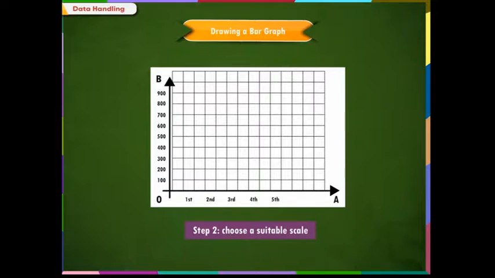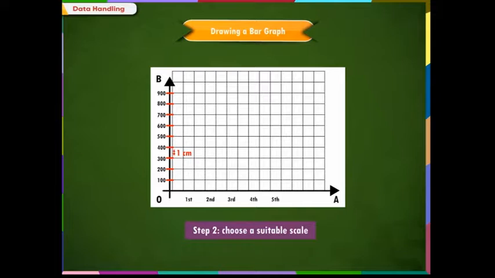We can mark the vertical axis with numbers like 100, 200, 300, 400, 500, 600, 700, 800 and 900. We can stop at 900 as we don't have number of mattresses beyond 900. So the scale we have chosen here is 1 centimeter equal to 100 mattresses along the vertical axis.